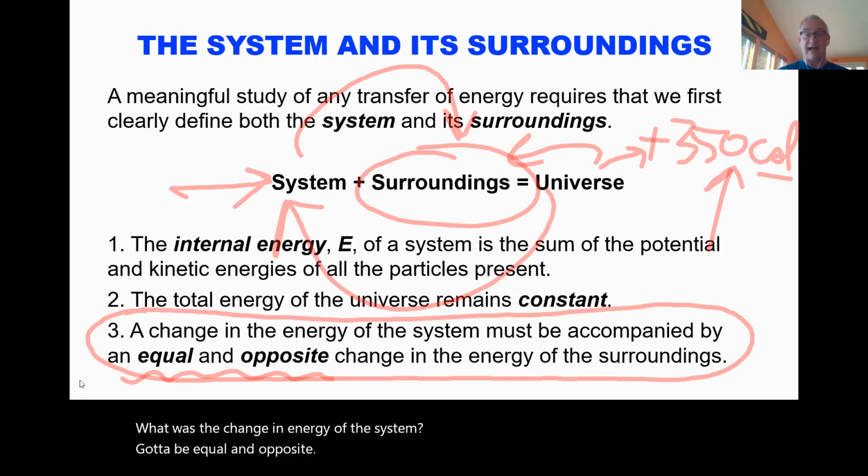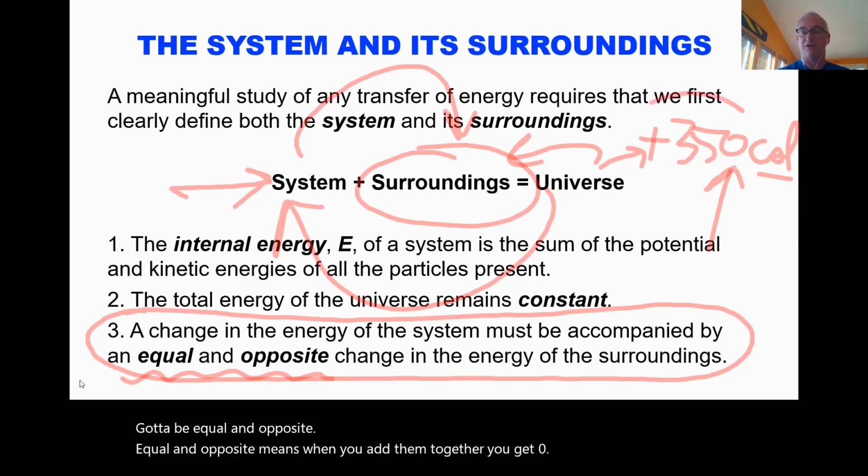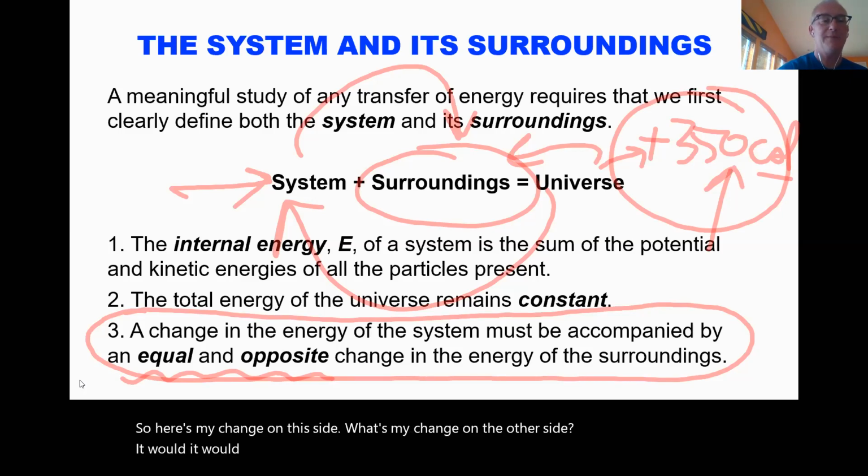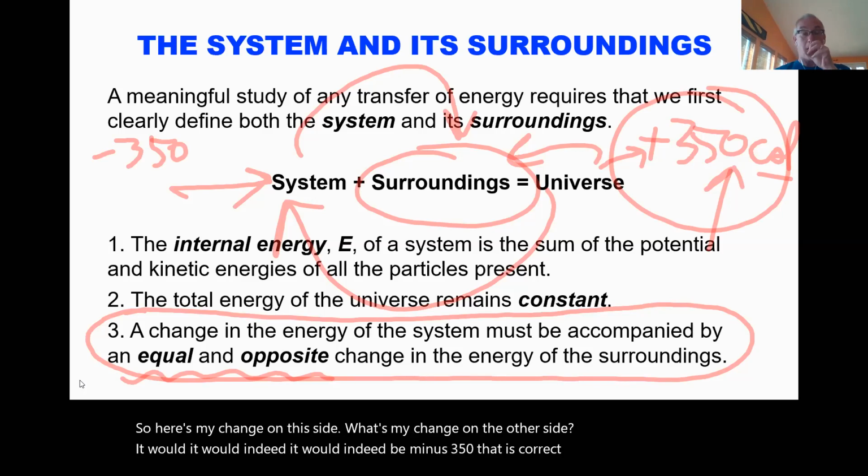Equal and opposite means when you add them together, you get 0. So here's my change on this side. What's my change on the other side? Would it be negative 350? It would indeed be minus 350. That is correct.